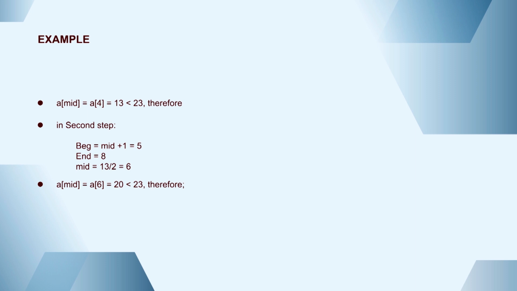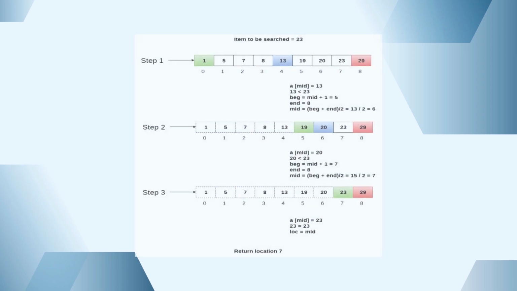So mid equals 6, and A of mid equals A of 6, which is 20. 20 is less than 23, therefore we reset our pointer: beginning equals mid plus 1. Otherwise, your pointers will be set again based on the new beginning and end values.